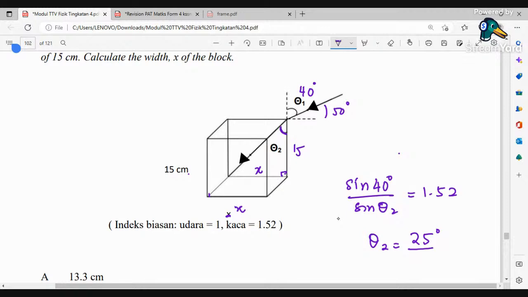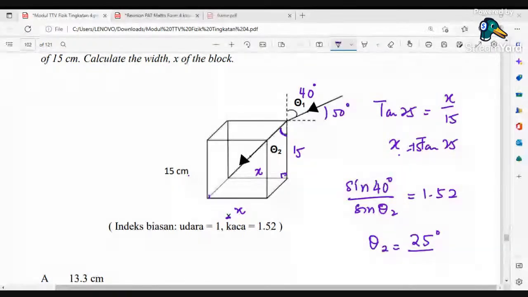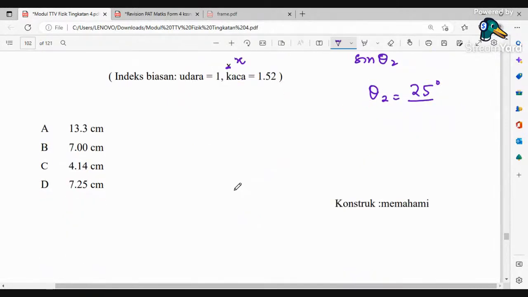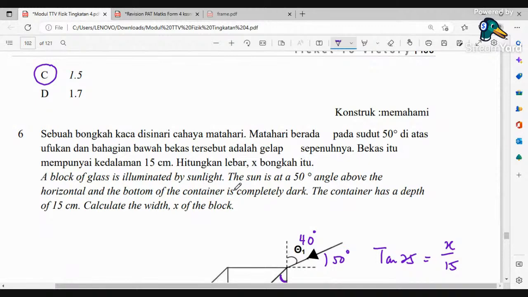Or you use tangent? $15. Okay, I get the answer for number 6.